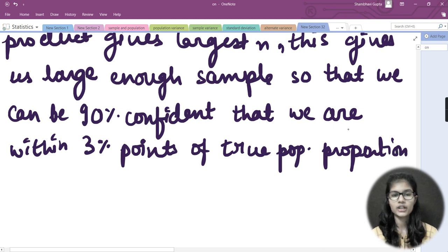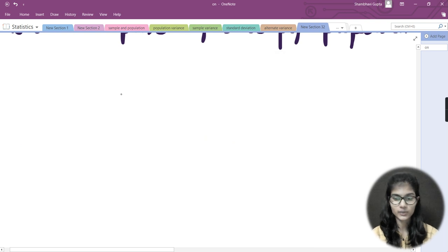So I hope by now you have got the answer as to why I have taken the values as 0.5 and 0.5. There is a huge reason behind taking these values.